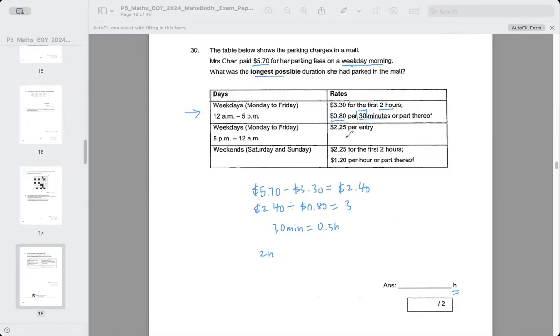And she had 3 blocks of 80 cents, meaning 3 blocks of half an hour. So 3 times 0.5 gives me 1.5 hours. Then 2 hours plus 1.5 hours is 3.5 hours. So my final answer will be 3.5 hours.